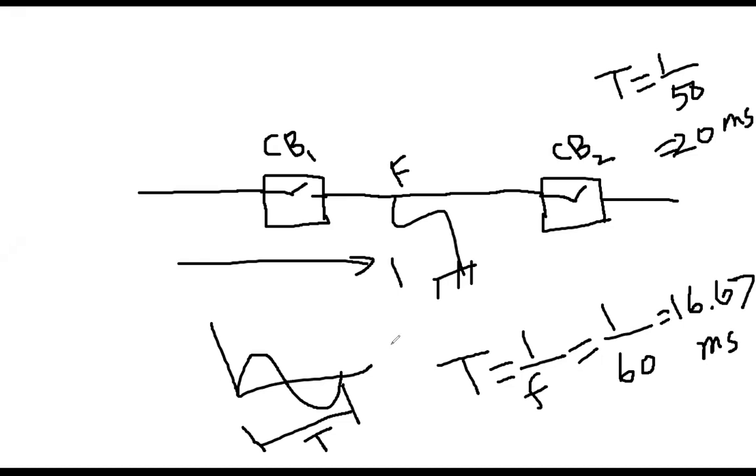So for a 50 hertz based system, the critical clearing time, CCT, could be maximum 5 cycles. This means 0.1 second. For a 60 hertz system, if you multiply by 5, it will be about 0.083 second.